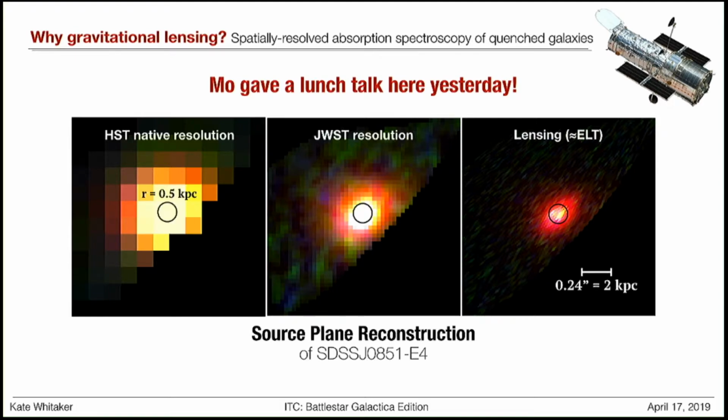But this is at the native pixel scale of HST. JWST at the same wavelength is a bigger telescope, will do better. But when we have lensing and a reconstruction, you're really getting into ELT science, and we can start to see differences. For example, here, there are actually two little clumps in this lens reconstruction at the UV wavelengths that you otherwise would absolutely not see.